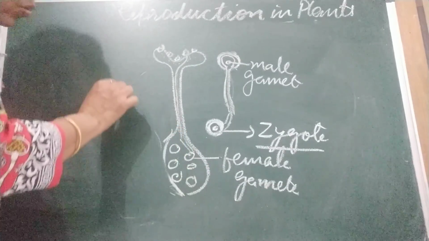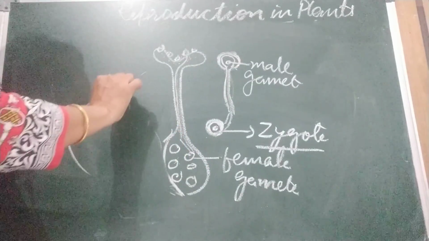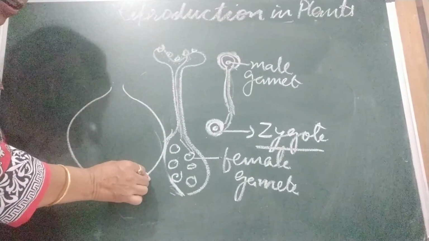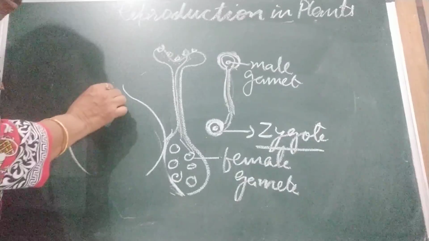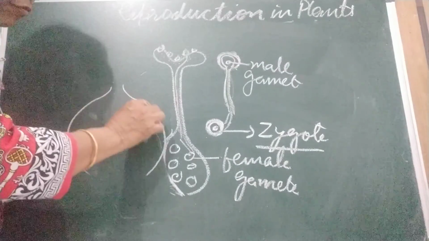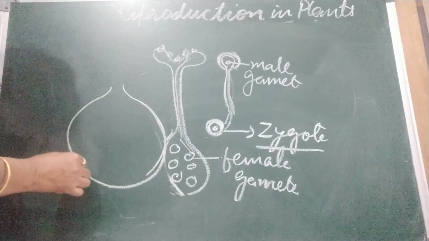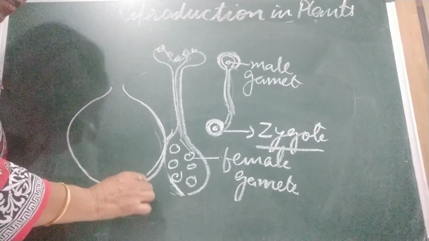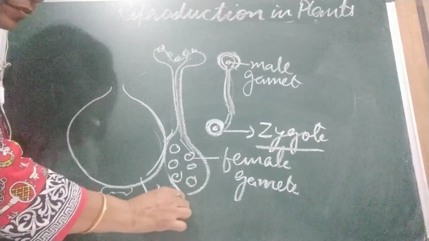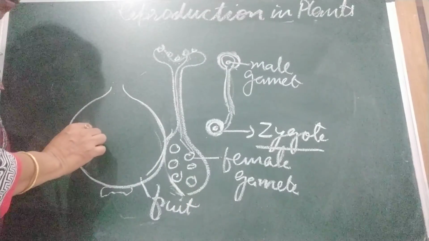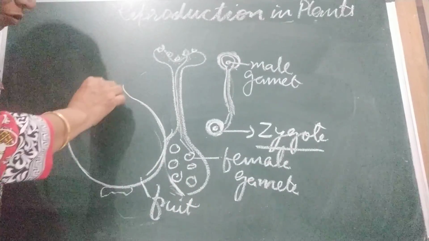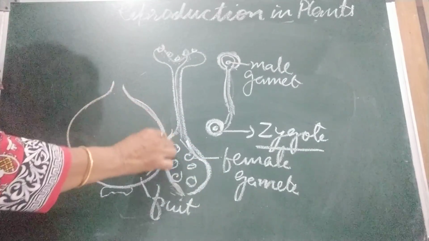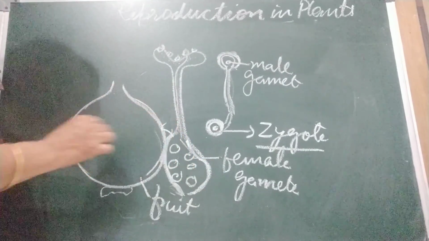This ovary is swollen and stores food, and the ovary enlarges to form fruit. Suppose this is guava. The walls of the ovary become the fruit wall. This wall turns into like this.